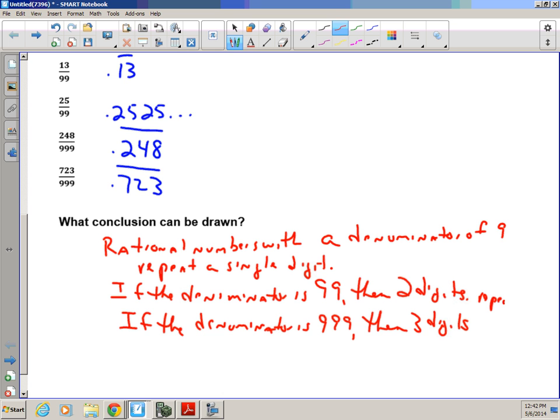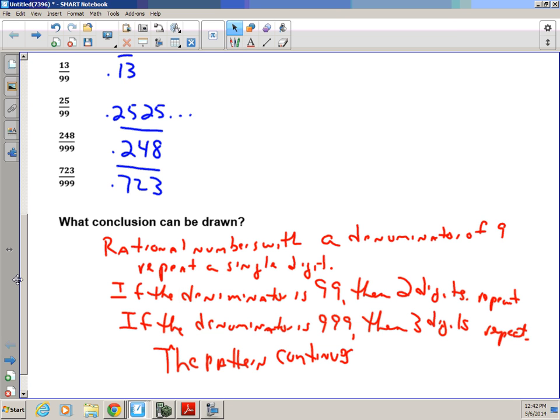I'll add the word repeat here. And the pattern continues, no matter how many places we go out. Okay?